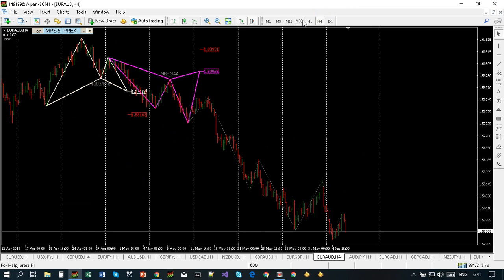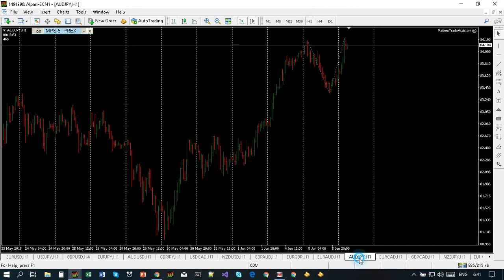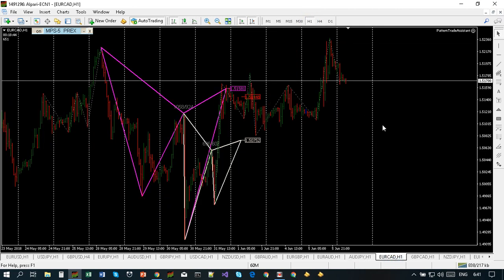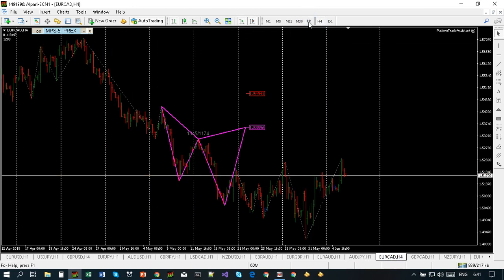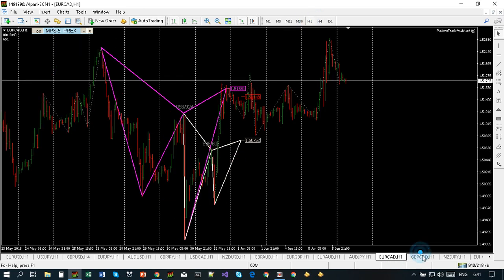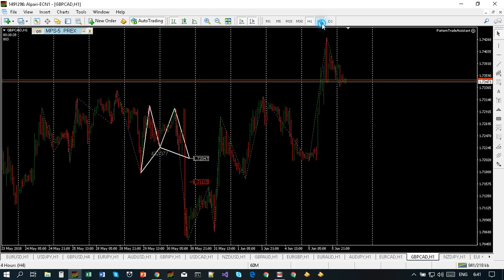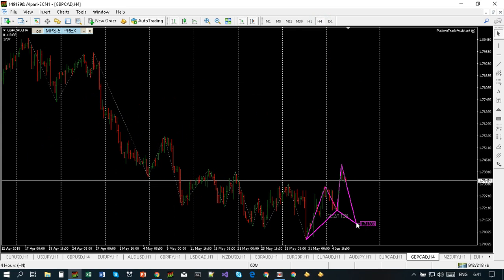Until then nothing is there. And Aussie yen, nothing. Euro Canadian, nothing. GBP Canadian, a potential cipher at 71.33, so keep an eye if it goes here to complete the pattern on 4 hour GBP Canadian.